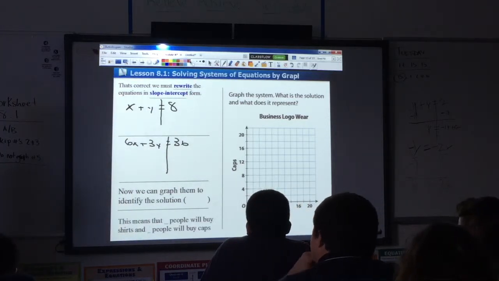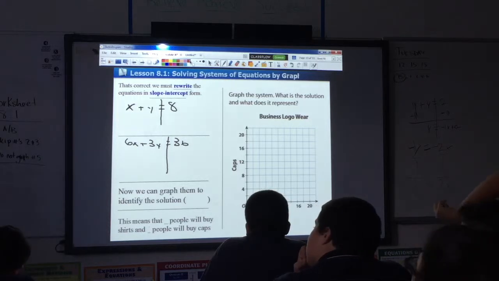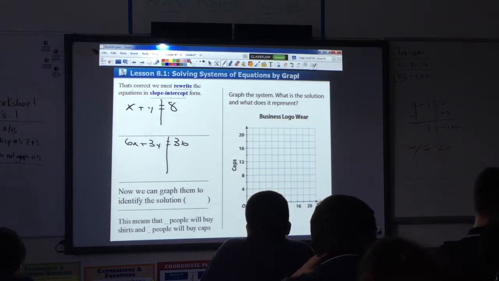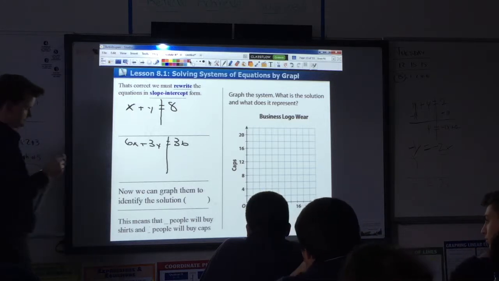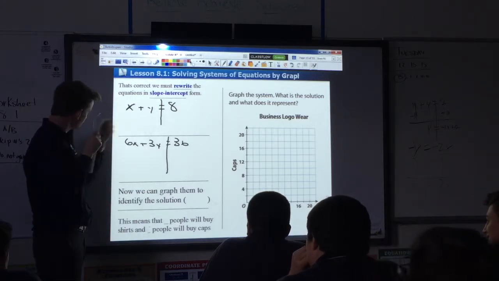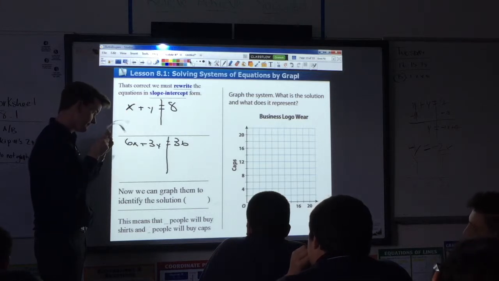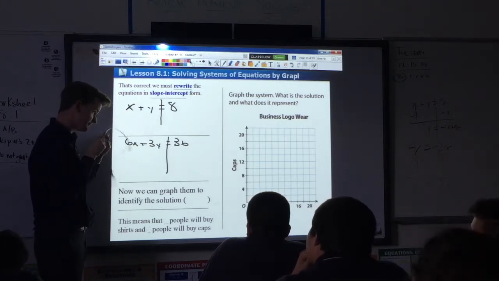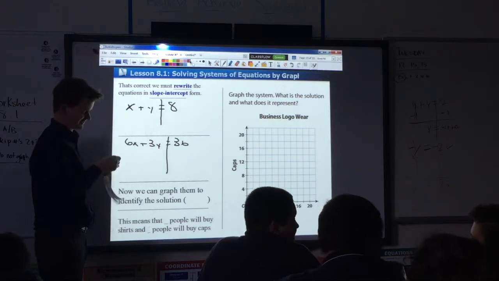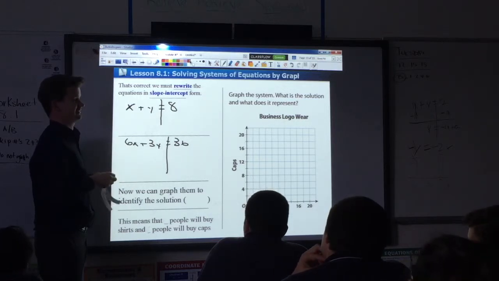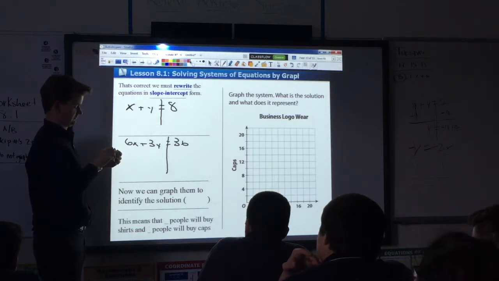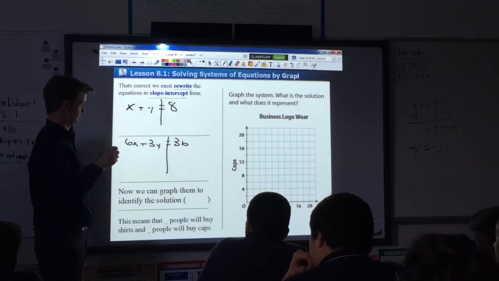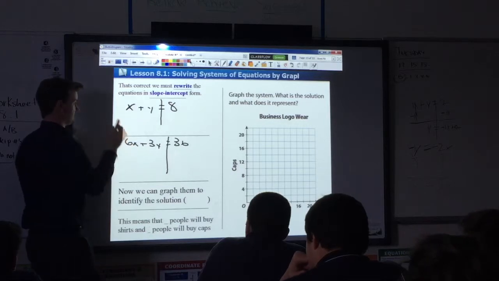I'm going to go to Rudy. I want to write the first one in slope-intercept form, so tell me, Rudy, what do I have to do? This one right here, the one on top. You have to get the x to the other side. How do I get the x to the other side? This is a positive x.